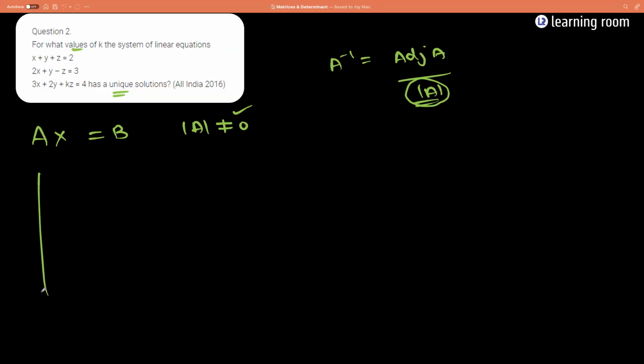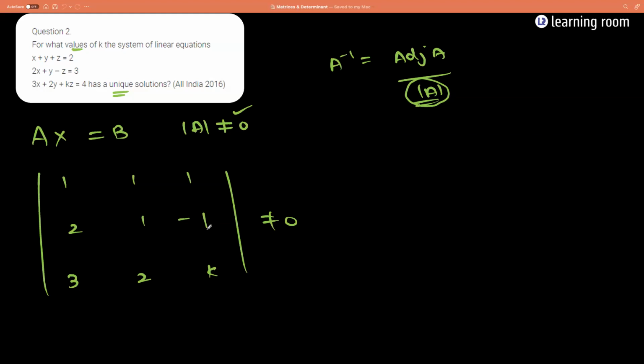So if you take the determinant 1 1 1, 2 1 minus 1, 3 2 k, it should be not equal to 0. Can you find out and tell me what the value is? A simple expansion.